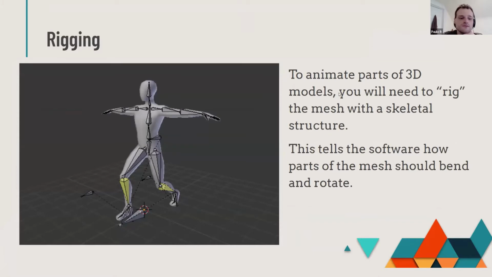And so in 3D modeling, and also in 2D modeling with some programs, you're going to be doing what's called rigging. What you're doing is essentially giving a skeleton to your 3D model, and you're saying to the program, when I move this part of the model, move this geometry along with it.